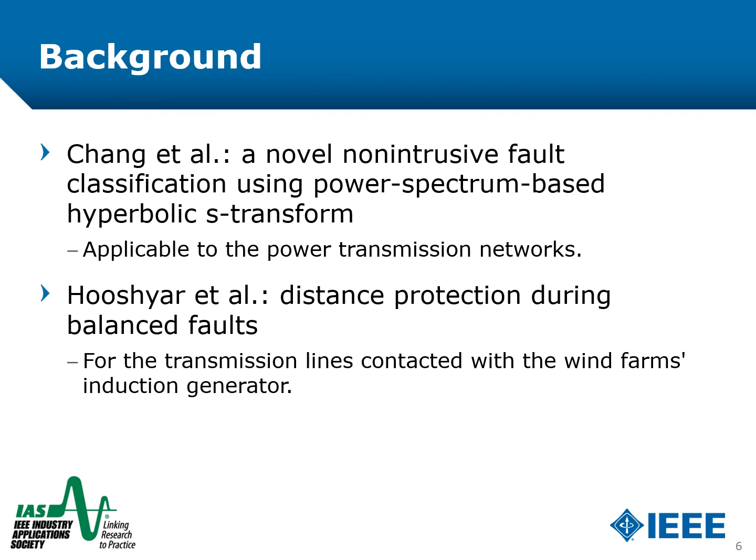Besides, many researchers have investigated different protection, comparisons, and improvements of grid faults for wind farms. Professor Hsueh-Hsien reviewed distance protection during balanced faults for the transmission lines connected with the wind farm's induction generator.